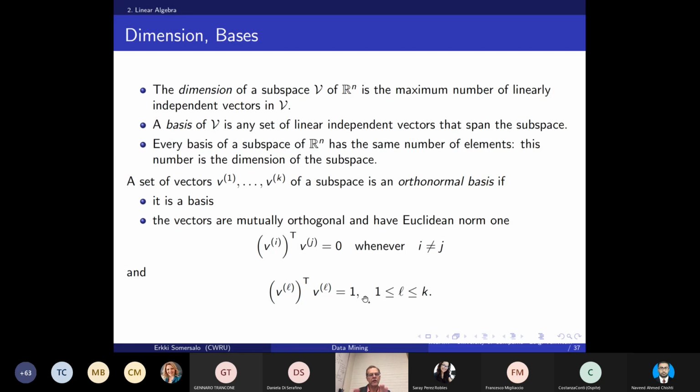So the length of each vector is 1. If you have those two properties for a set of vectors, then these vectors form an orthonormal basis of the subspace that they span, which is k-dimensional in this case.